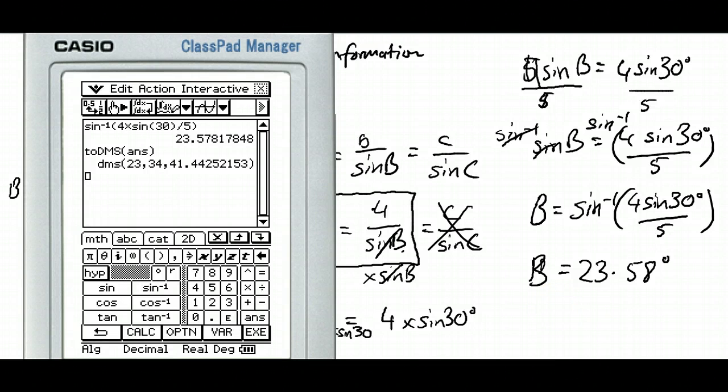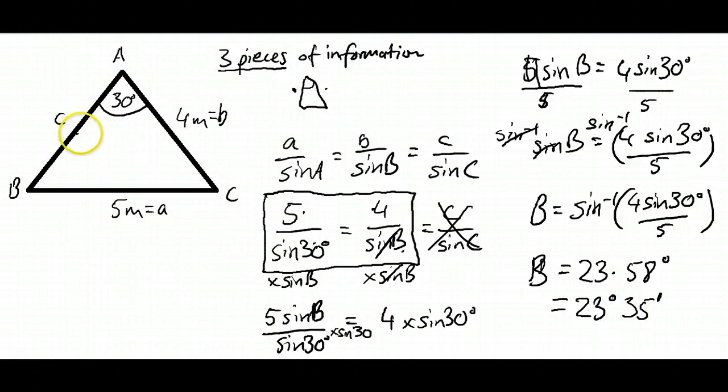So let's write that as 23 degrees and 34 minutes, but it's 41 seconds, so it's going to round up to 35 minutes. So 35 minutes, there we go. So we've established here that angle B is 23 degrees and 35 minutes.